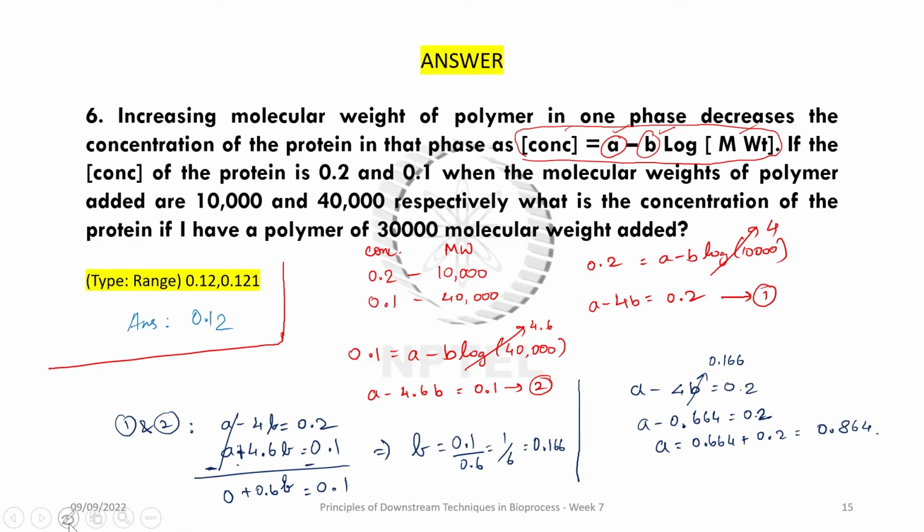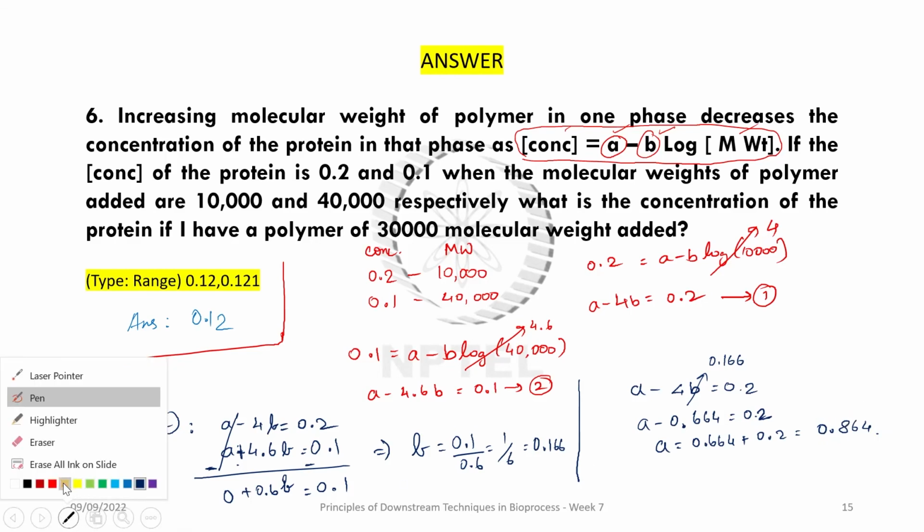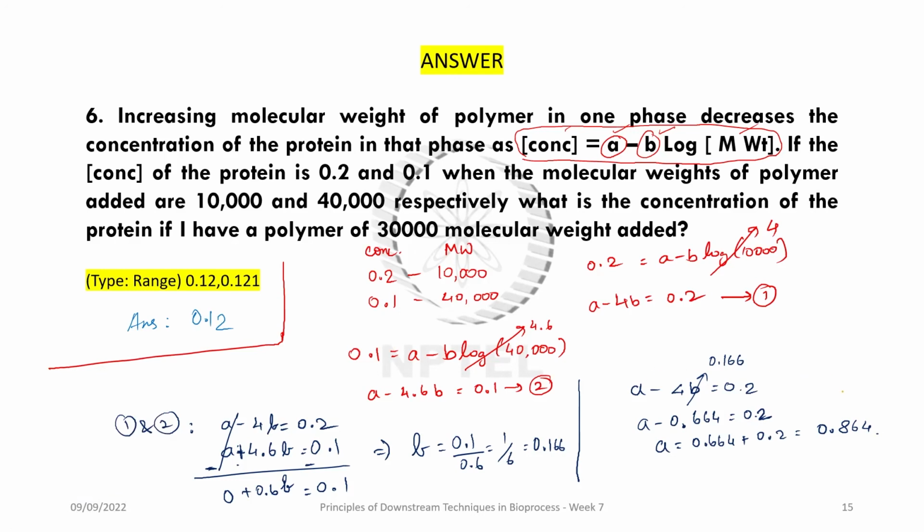So you have found A and you have found B. Now they're asking what is the concentration of protein if I have a polymer of 30,000. Concentration is equal to A minus B log of 30,000.